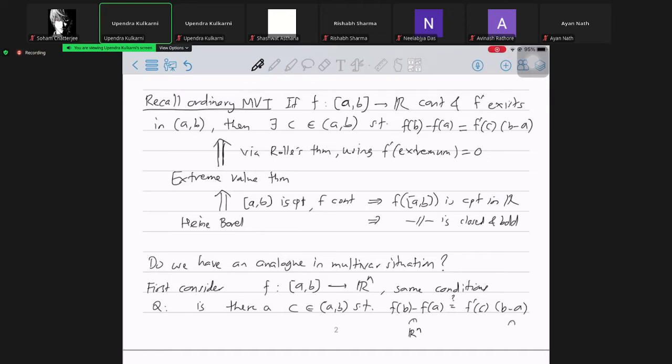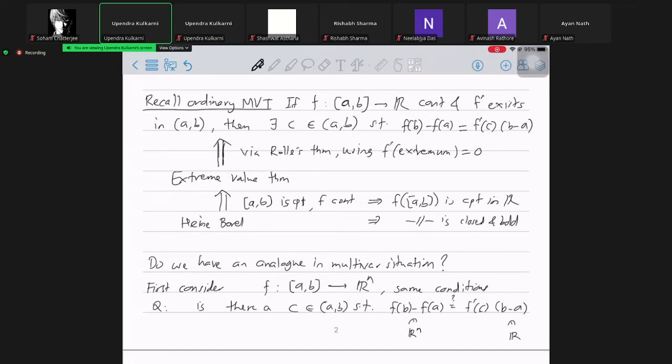B minus A is just a real number. And this F prime of C, where is that? That's in Rn. So this does make sense. But the proposal that was given is that maybe this is too ambitious.